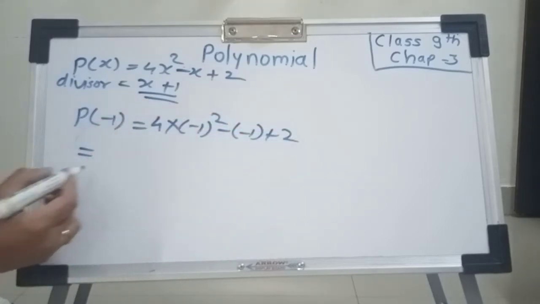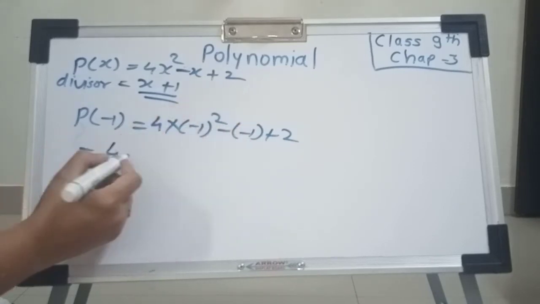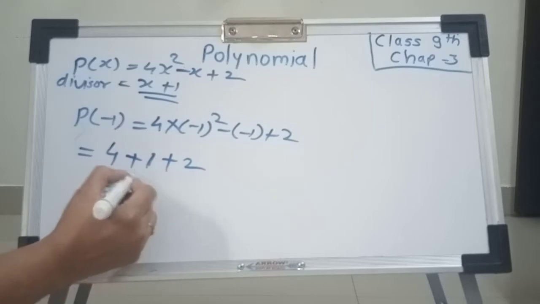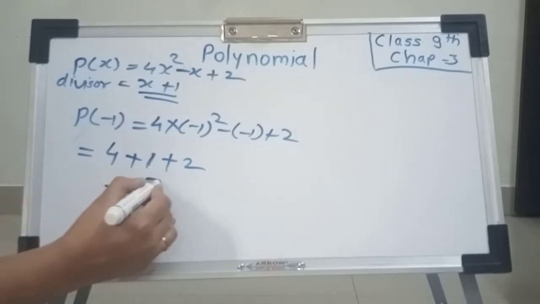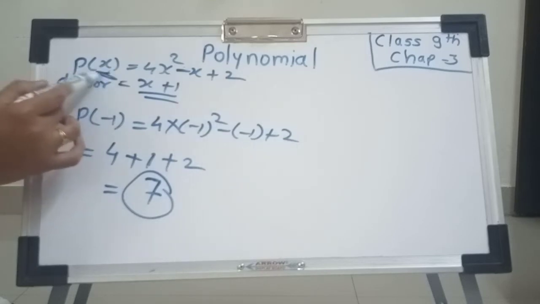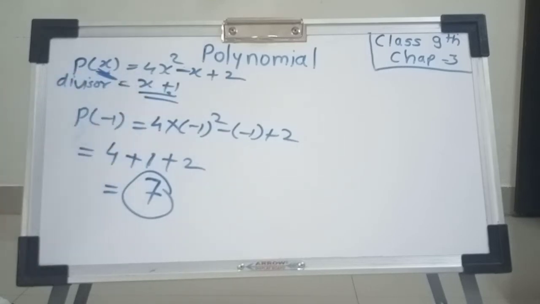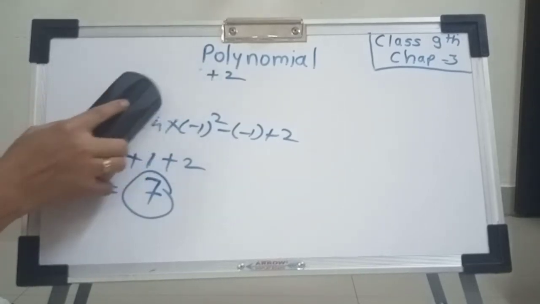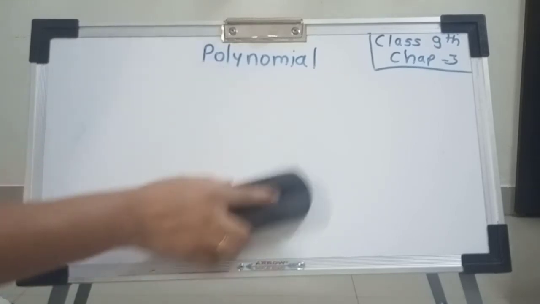Minus 1 square is 1, 4 into 1 is 4, minus minus becomes plus 1, plus 2. 4 plus 1 is 5, 5 plus 2 is 7. We get the same answer, remainder 7. This is the remainder theorem: we put x equal to minus 1 in the dividend polynomial and get the remainder directly.